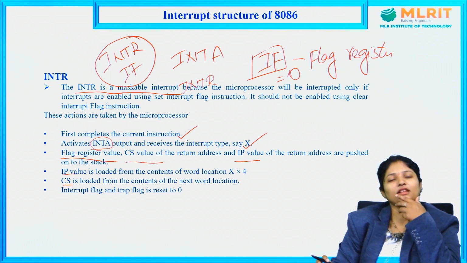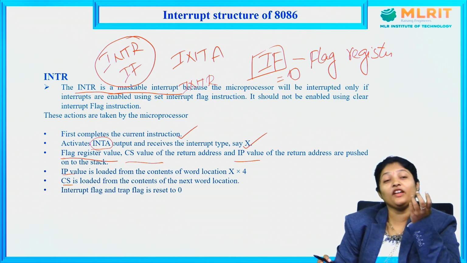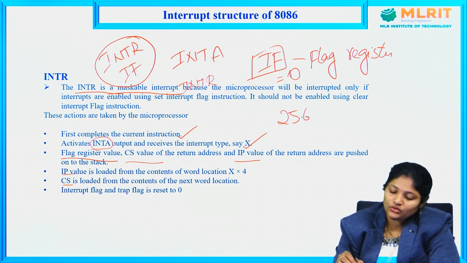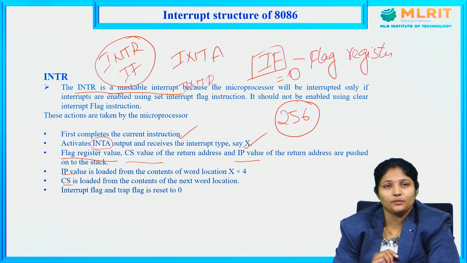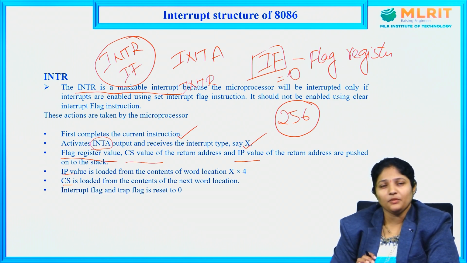A doubt arises: you are always saying that IP and CS will be loaded with the address of that particular interrupt. Where are these addresses stored? All the 256 interrupts, which are accessed by the software interrupts in the 8086, have the address of every interrupt, the IP and CS address of each interrupt, stored in one memory location.